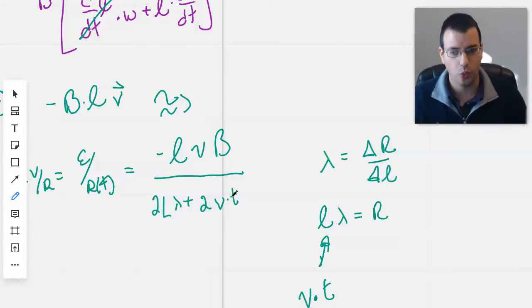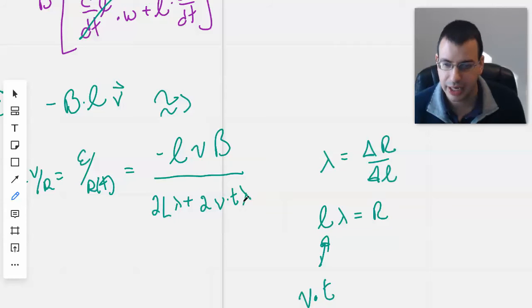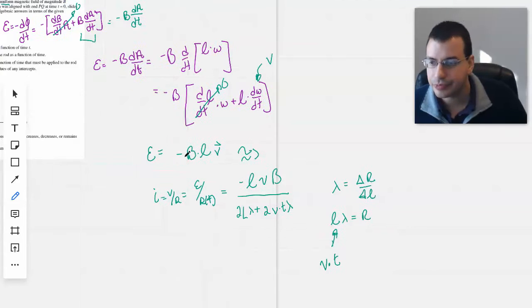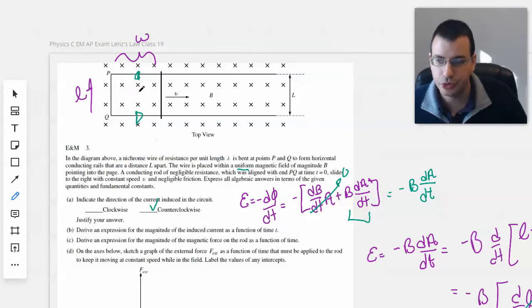That'll give us the width times lambda. And the reason we have the 2 is because you have to go forwards and backwards.